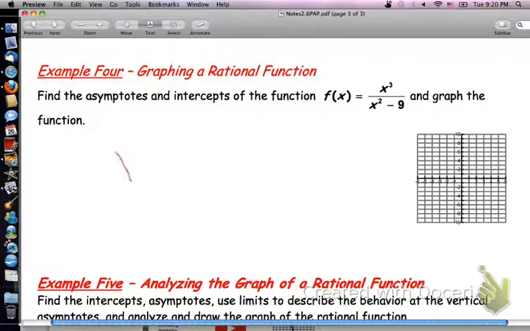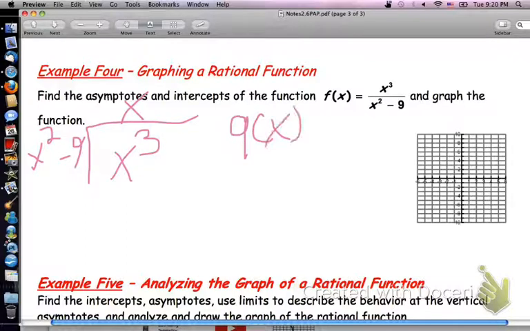So when we divide x cubed by x squared minus 9, we'll get an x for a quotient. So the end behavior is q of x equal to x.